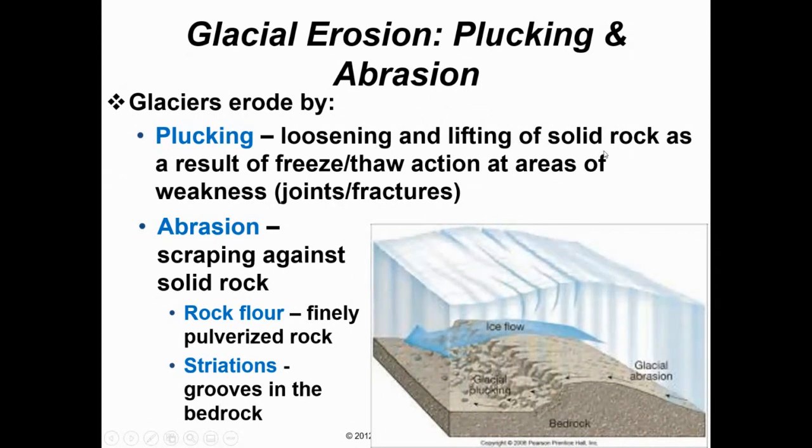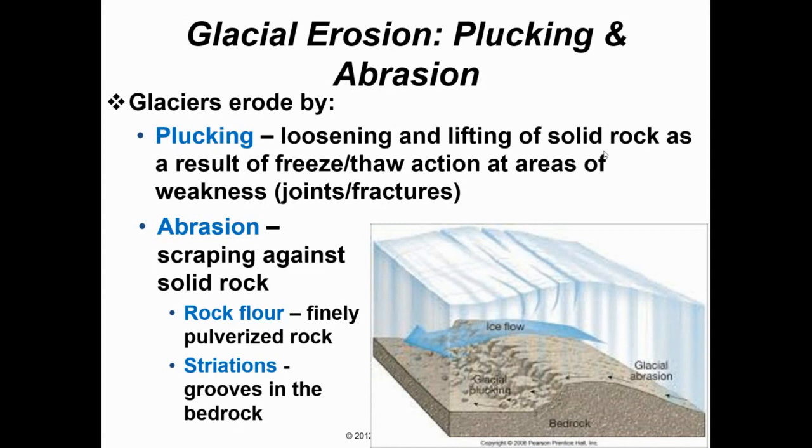Then through the freeze-thaw cycle that we looked at last week, I believe it was, we know that during the daytime, if temperatures get above freezing, ice can melt, the water can get down in those cracks, refreeze that night, and pry apart those rocks. So the freeze-thaw cycle associated with mechanical weathering is a very important way that allows plucking to happen.